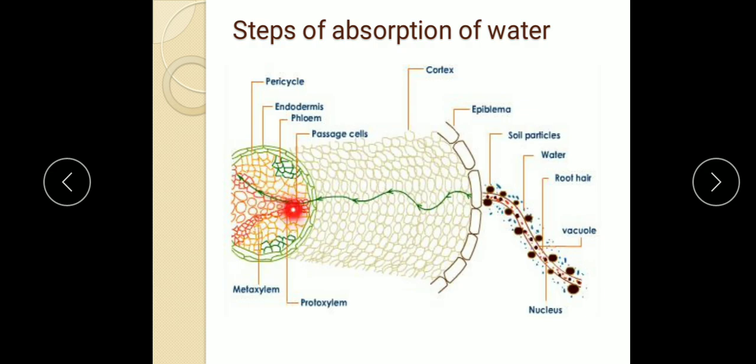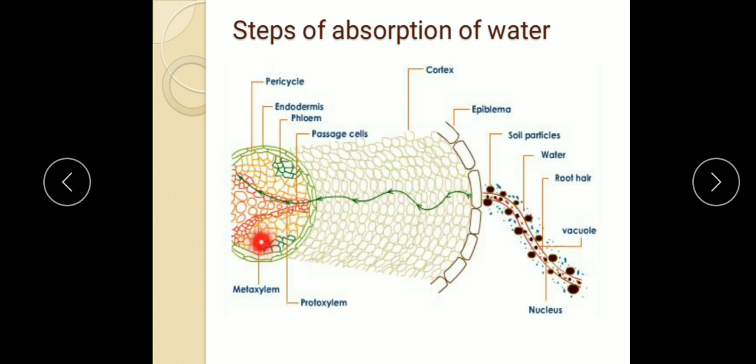Now inside the xylem, water travels upwards from one cell to another against the force of gravity. Further detail we will see in the ascent of sap at the end of this chapter. Okay, so in this manner, water and minerals are transported from the root hair cell to the different parts of the root and reach the xylem.